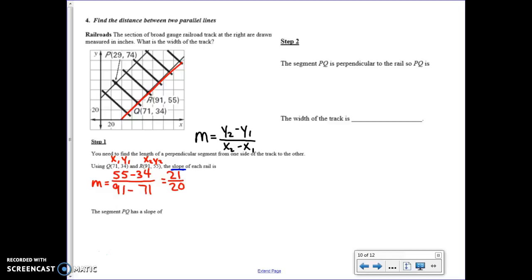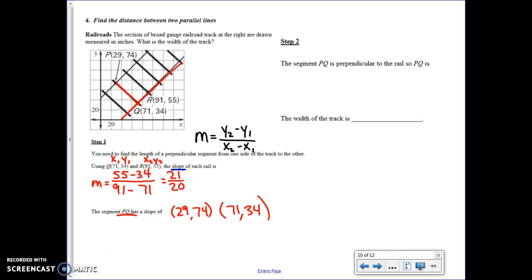So then this is telling us to find the slope of PQ next. So if I look at PQ, here's my 2 points. I have 29, 74 and I have 71, 34. So I want to see if those two really are perpendicular.